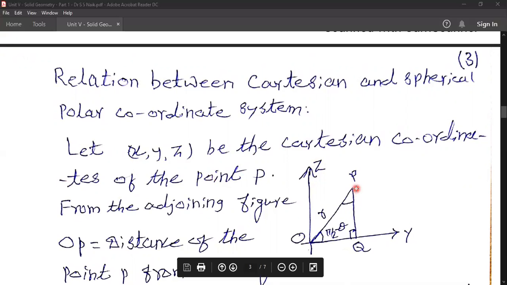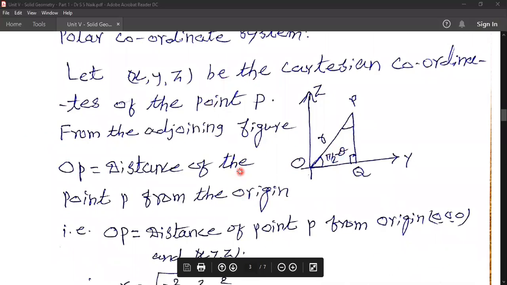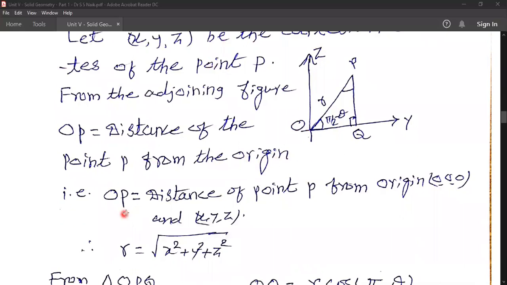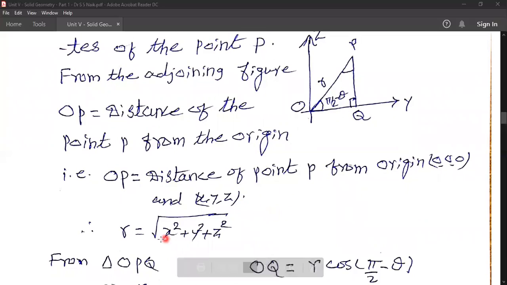So this is a point P whose Cartesian coordinates are x, y, z. Then from the adjoining figure, OP is equal to the distance of the point P from the origin 0, 0, 0 and x, y, z.